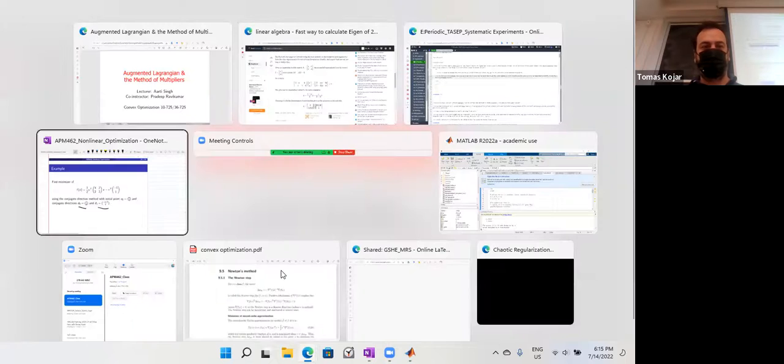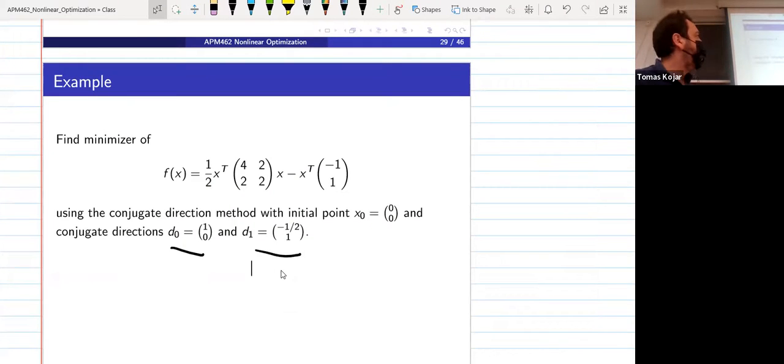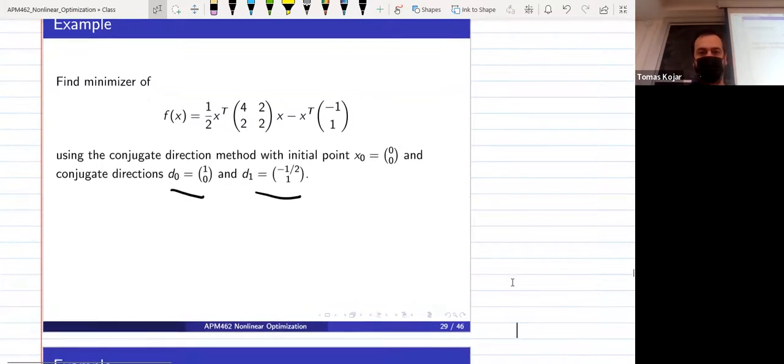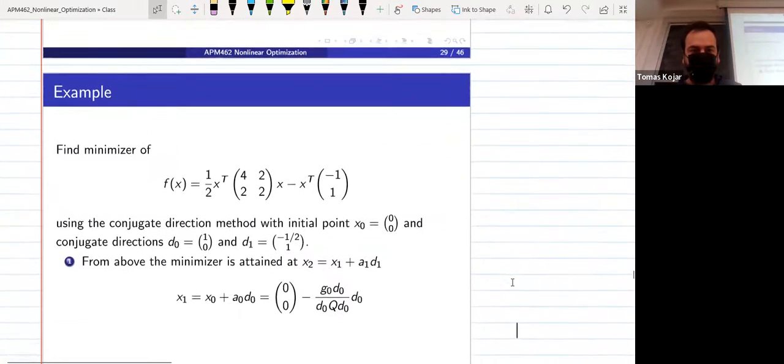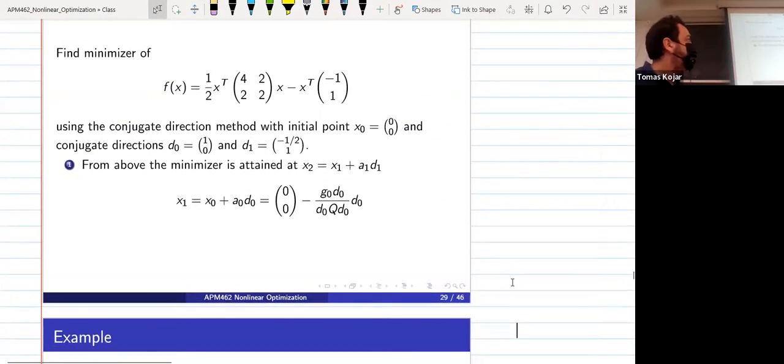Anyways, so you found the eigenvectors without using Wolfram Alpha. And then these are the ones. And then let's apply the method. So step 1, you have an initial point and you use your formula. Should you memorize this formula?